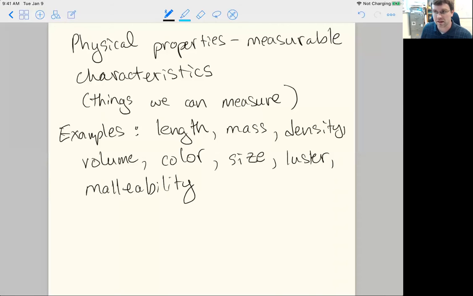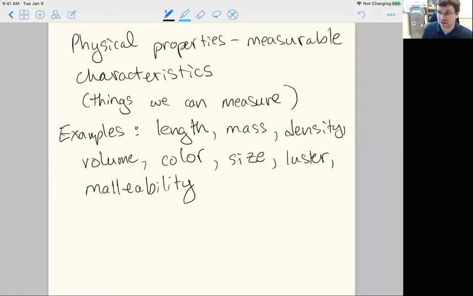But if we're thinking about size, we could think about length, and we could think about volume. Those are two other ways to measure the size of something. Length being how long it is, volume being how much space it takes up. We can even have a ratio of those things, which is density, and we'll get into density in a second.